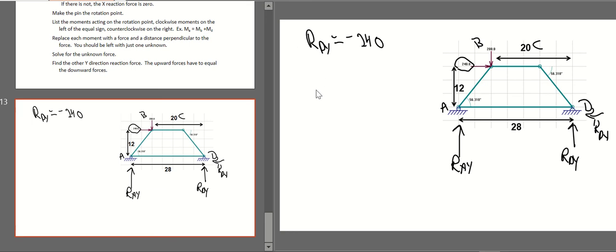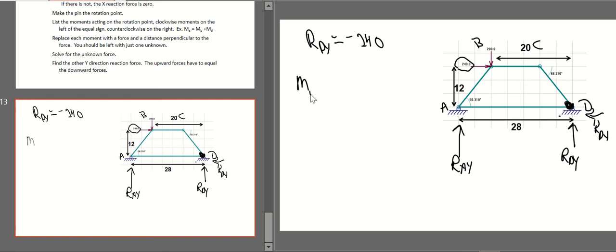You're killing it. Okay. Now I look at all my moments. Pivot point at the pin right there. These two go away. So now I'm going to have 1 unknown and 2 known moments. This is kind of a weird one to label, but I'm going to have this one going upwards, so that's going clockwise.